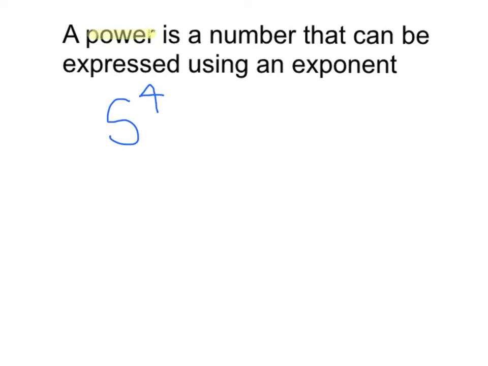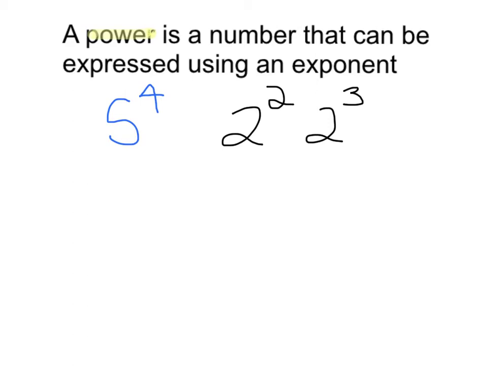I know you've seen squared numbers, so 2 squared would be 2 to the 2nd power. 2 cubed is 2 to the 3rd power. So the power is always going to be in 1st, 2nd, 3rd, 4th, 5th, those kind of numeral numbers that show an order or place. Where the exponent will just be a 4, the power is going to have the TH at the end, or the RD, or whatever.